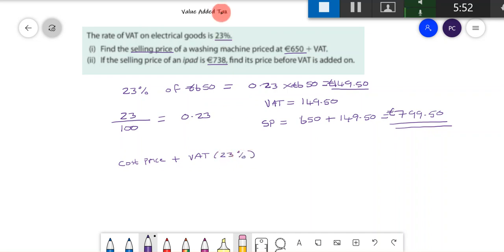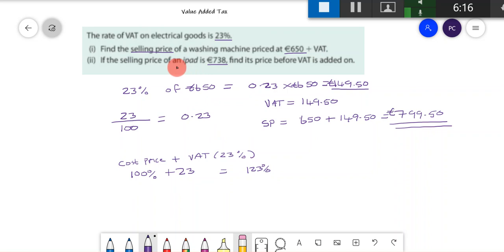That 23% comes from here. The way to think about this is that the cost price is 100%, and then the value-added tax is the 23% that's added on, so it's going to be 123%.